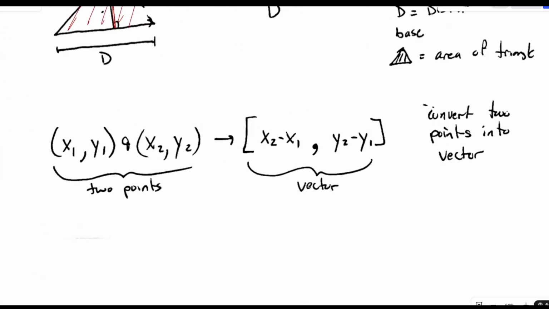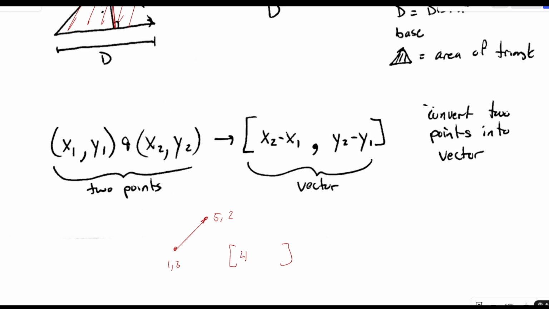We didn't use this in this one, but if you have 2 points and you want to turn them into a vector, for example, if you had 1, 3 and 5, 2, these 2 points, and you wanted to know what vector this is, the vector is written like this, and it's the change in x, comma, the change in y. So this one looks like it would go over 4.